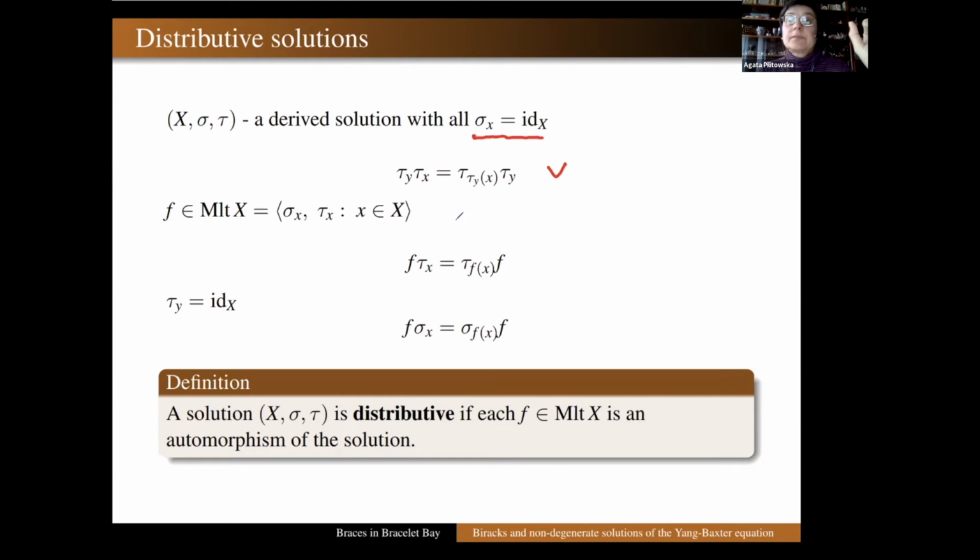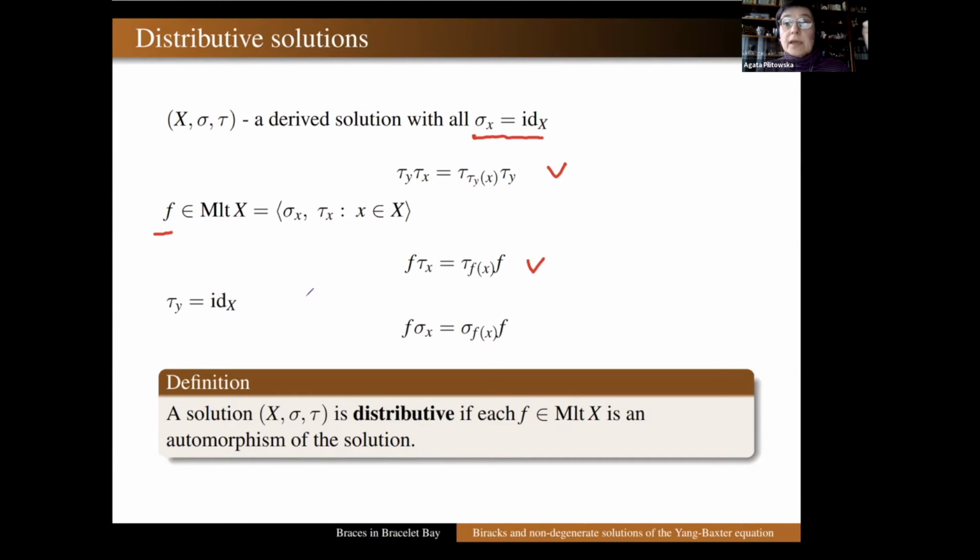But this correspondence holds not only for tau operations, but also for any bijection from the multiplication group of a derived solution. This is true for any element from this group.